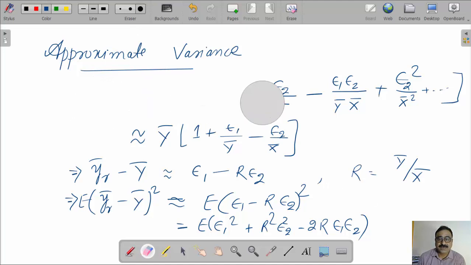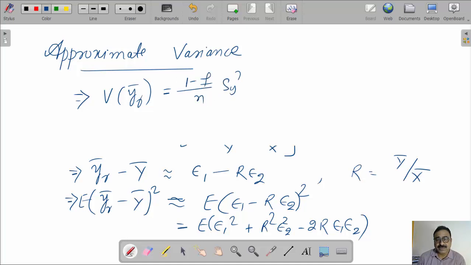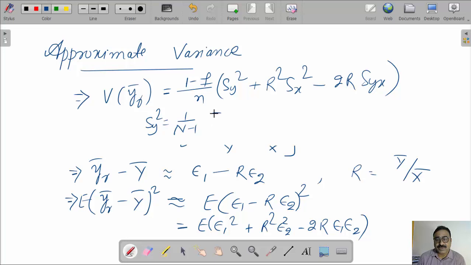Now this implies variance of y r bar is equal to 1 minus f by n into sy square plus r square sx square minus 2r syx, where sy square is equal to 1 by n minus 1 summation i equal to 1 to n yi minus y bar whole square. This is the population mean square for the y variable.